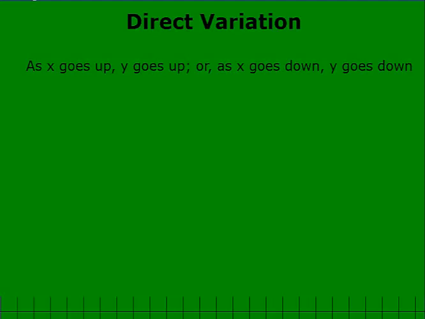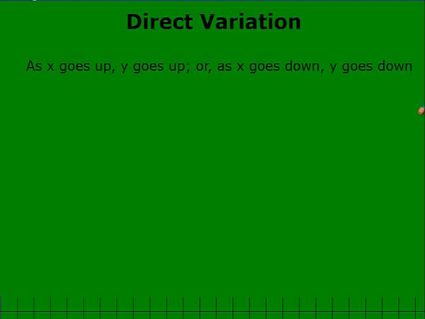So for us, if it's direct variation, as x changes, y is going to change the same way. As x goes up, y goes up because they're changing in the same direction, or as x goes down, y goes down. Everybody okay with that idea? Yes, no, maybe? So we are going to be working with direct variation.